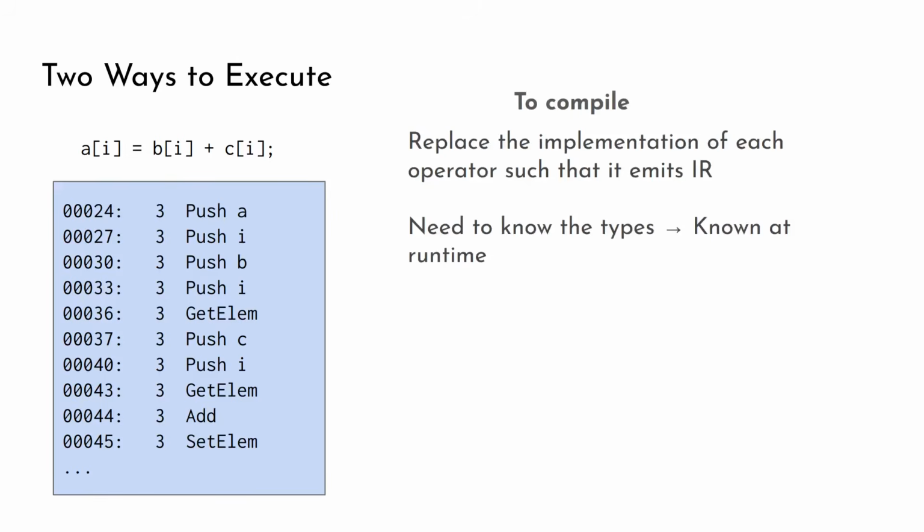But to compile, meaning to generate traces, you replace the implementation of each operator such that instead of executing the code, it emits IR, let's say for simplicity LLVM IR. Now, to emit LLVM IR, you need to know the types. But this is something that you know at runtime, and this is why tracing is a dynamic technique. There's no point trying to create a trace for this code statically, because you really have no information about the types.